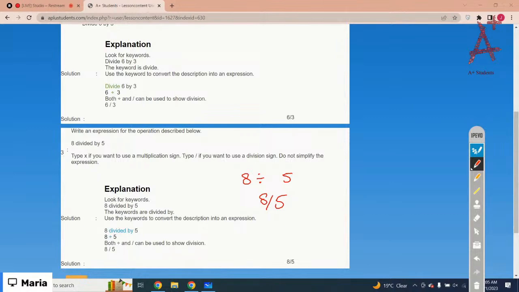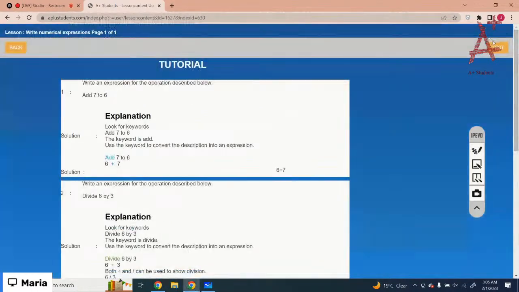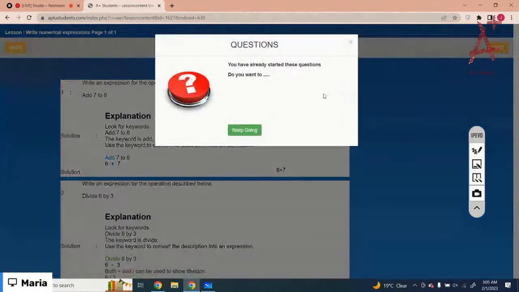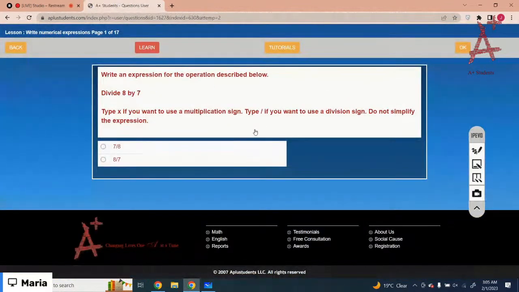Let's start with the practice questions. Write an expression for the operation described below. Divide 8 by 7.